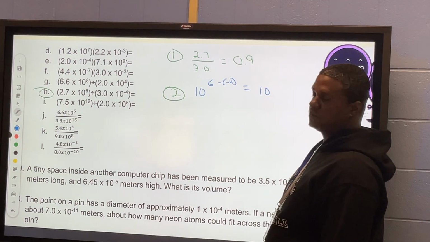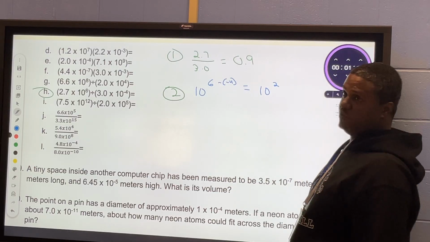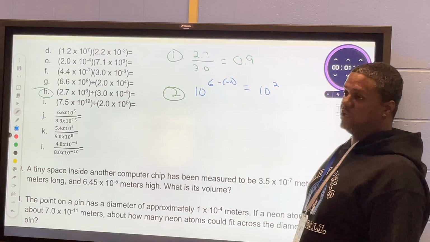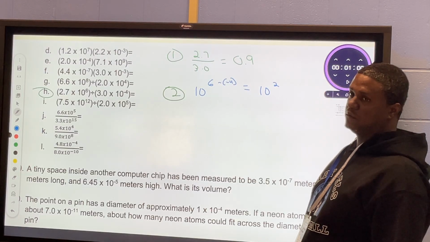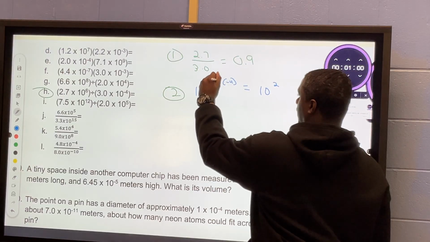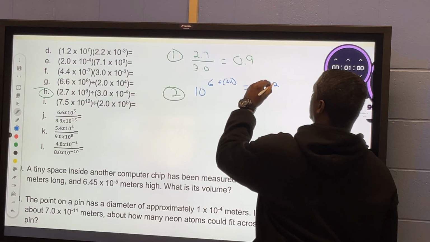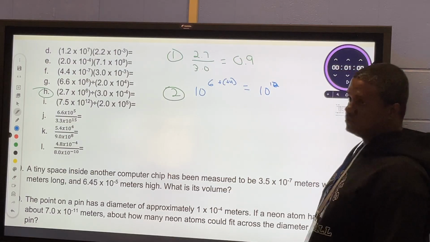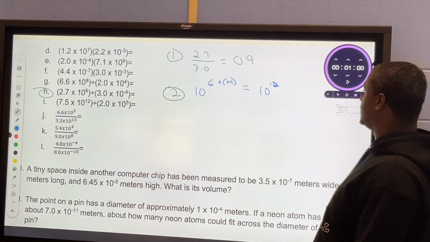The calculator does not give you that unless you put it in wrong. That's adding, so if you add it, you get 10. You said subtract. Oh, right, that's absolutely right. You have to keep, change.